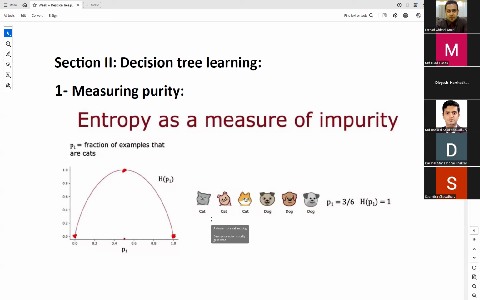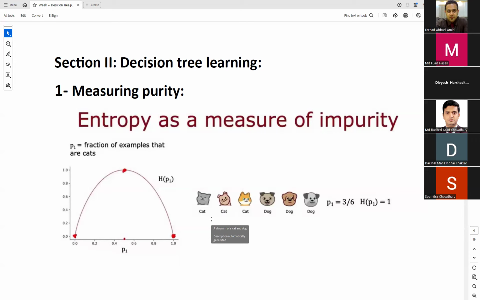And we know that entropy is not a good thing. We need to reduce it to make our subset of data more pure. So you see which feature can generate the smaller entropy, and then you start splitting the data points on that feature.